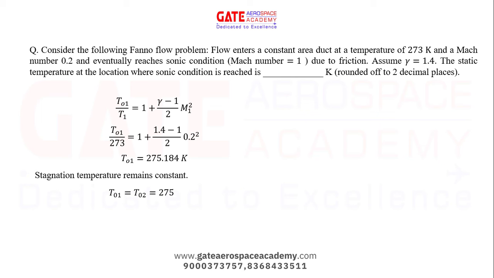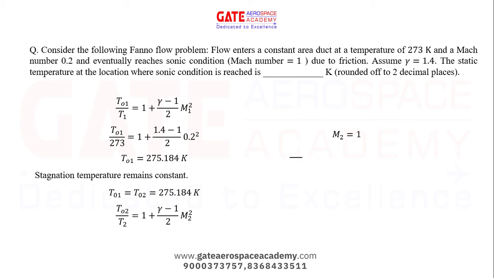275.184 Kelvin. So again we can apply stagnation static relation: T02 divided by T2 is equal to 1 plus (gamma minus 1) upon 2 M2 square. Now M2 is given, that is 1. So we can substitute M2 value. T02 we already know. We can find out static temperature at that location, right? So let's substitute. So M2 is equal to 1.